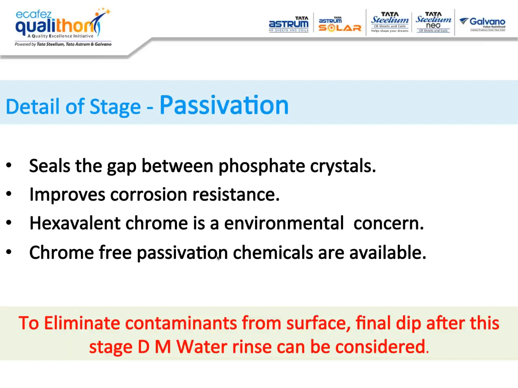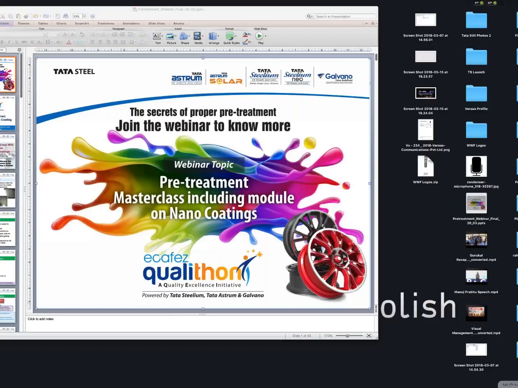Now what this DM water does is, whatever water soluble salts are available on the job will get dissolved in this, and we will be cleaning the job and taking care of these water soluble salts, because these are the salts which will finally create your blistering, which we call osmotic blisters. I'll just attempt a few more questions that we have.